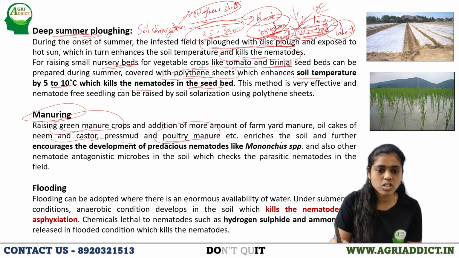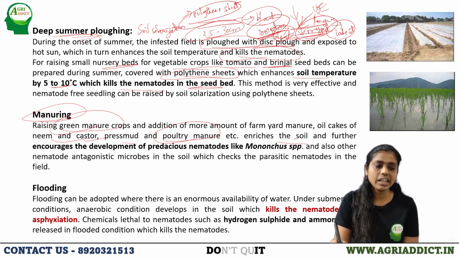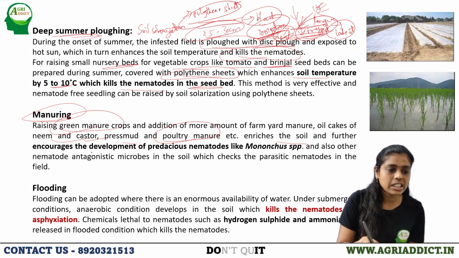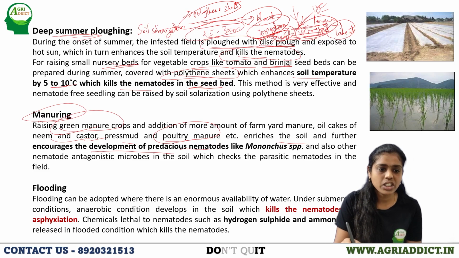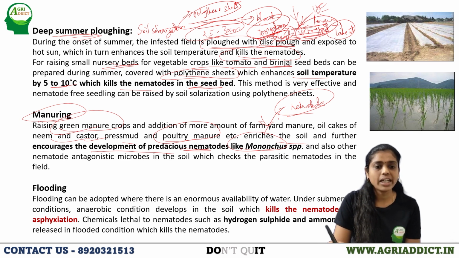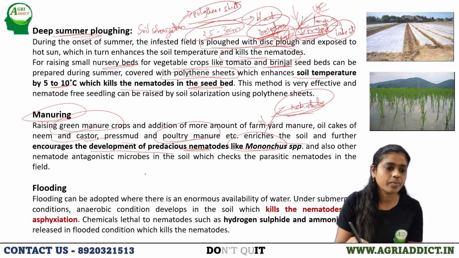This enriches the soil, and indirectly it will control the nematodes by encouraging the development of predaceous nematodes like Monanchus species, which in turn control the nematode population. Such manures also encourage the growth of certain antagonistic microbes which aid in nematode management.